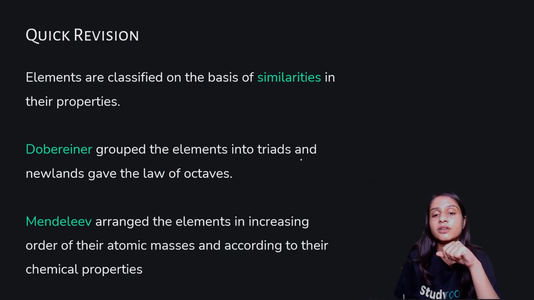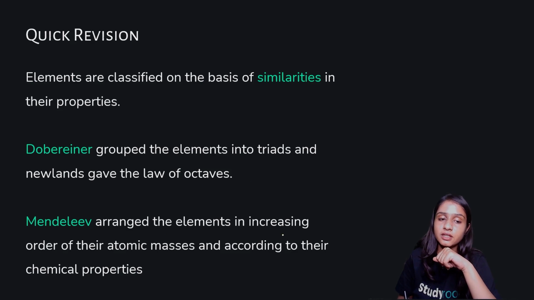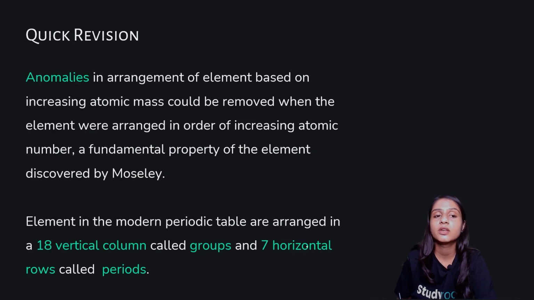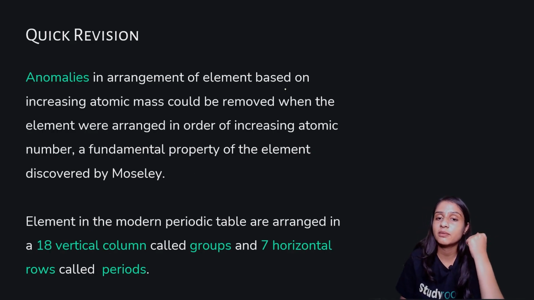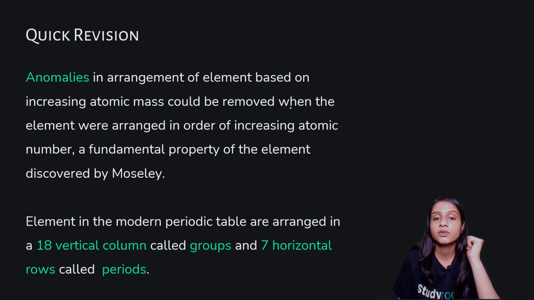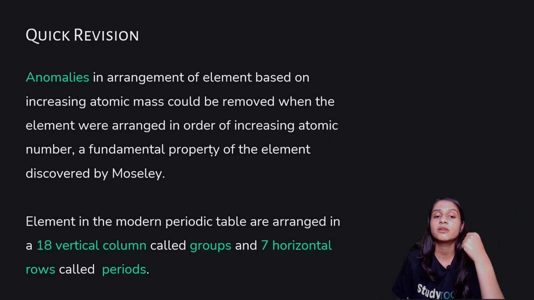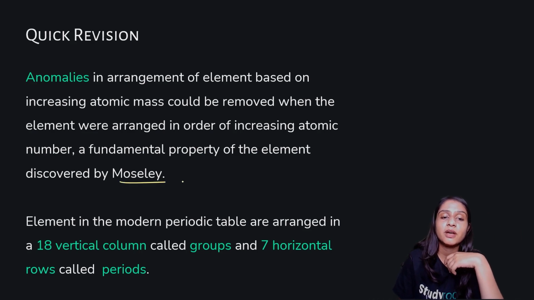Dobereiner grouped the elements into triads and Newlands gave the law of octaves. Mendeleev arranged the elements in increasing order of their atomic mass and according to their chemical properties. Anomalies in the arrangement of elements based on increasing atomic mass were removed when the elements were arranged in order of increasing atomic number, a fundamental property of the element discovered by Moseley.